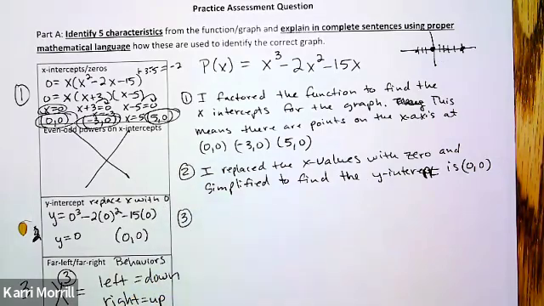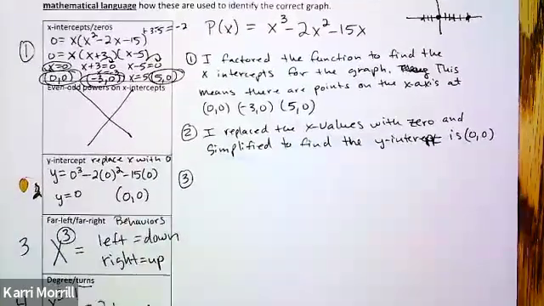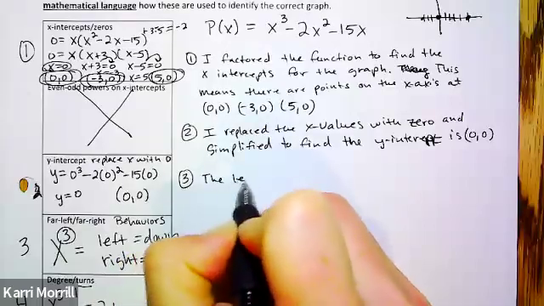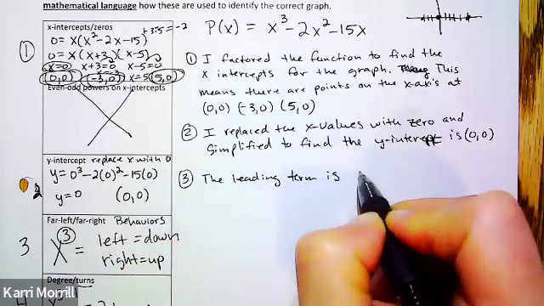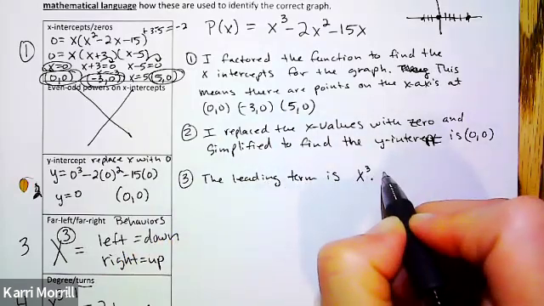The third thing we did was our far left and far right behaviors. Okay, so that's where we identified the leading term. So I would state the leading term is x to the third.